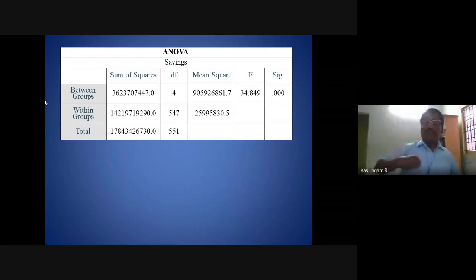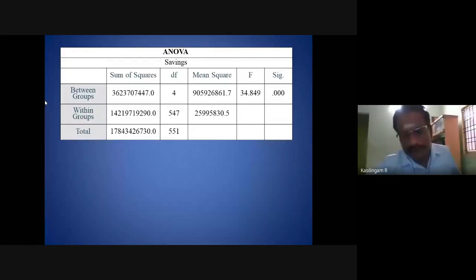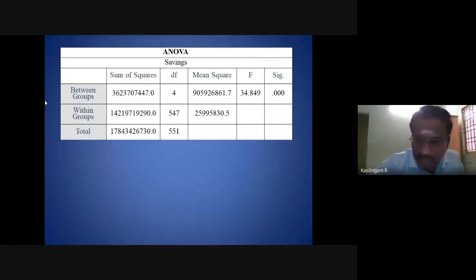I am comparing my performance with others to find out whether my performance is along with them or a little different. So whenever we compare, we can find out whether you are different. That is why we use the word difference here. We are comparing the means to find out the difference. So the null hypothesis is no difference. Here we are rejecting the null hypothesis, which means no difference is rejected, which means there is a difference.